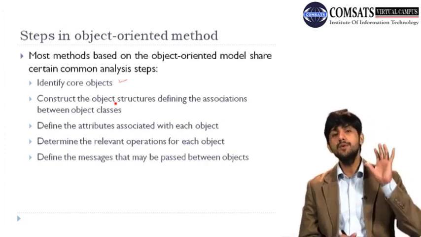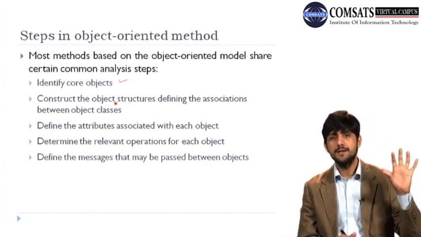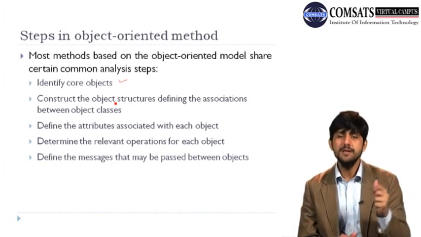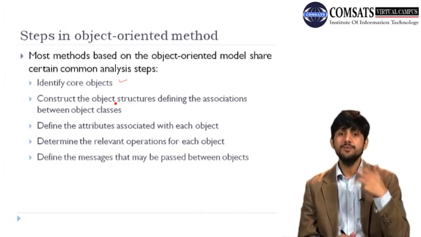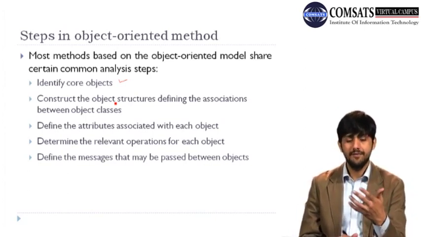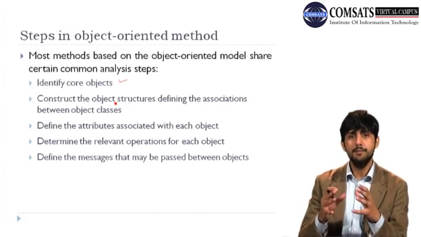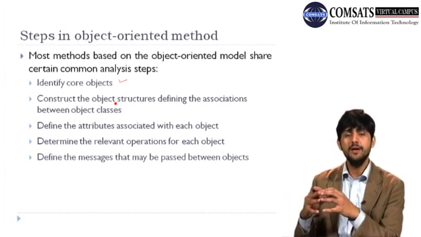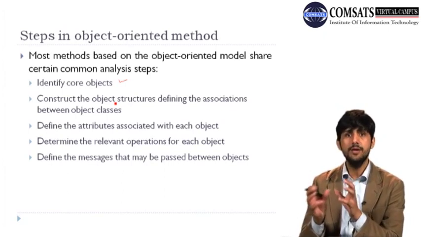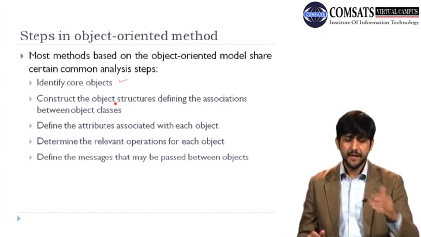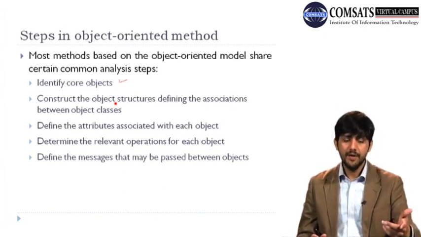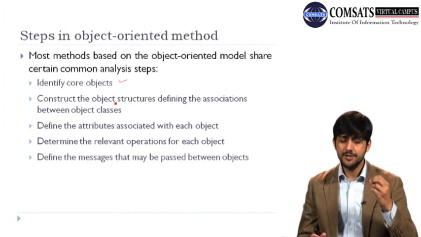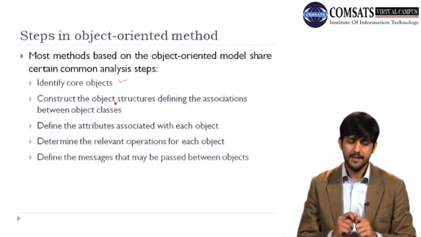This is somewhat similar to what we have already discussed during analysis. If you remember, we identify those potential classes, and from those potential classes we define which classes would be part of our final solution. And then we also define how they are going to communicate with each other.